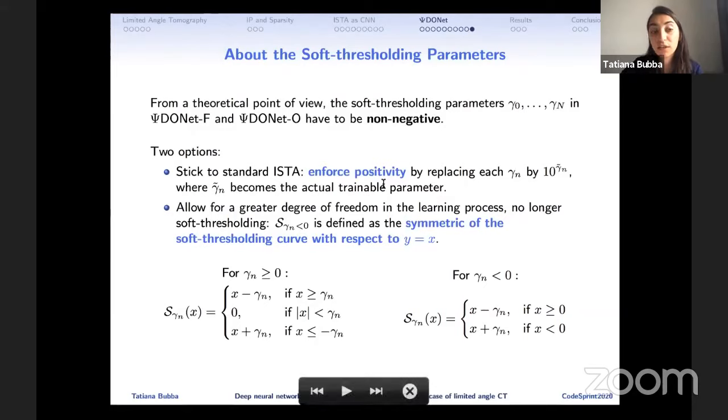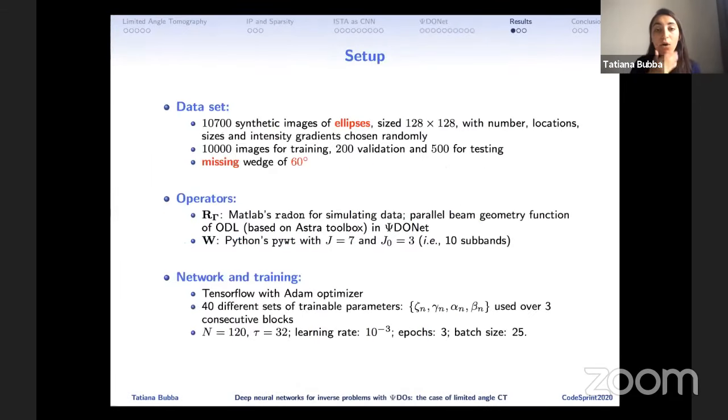Instead of the standardly defined soft thresholding operator, we have something different, which for positive parameter is the soft thresholding operator. And whenever gamma n is negative, this can be understood as a symmetric of the soft thresholding curve with respect to the line y equal to x. Good. So now this work, as I said at the beginning, is mainly theoretical at this point.